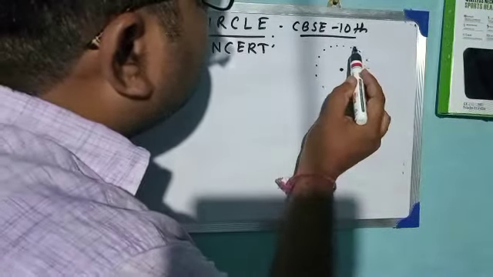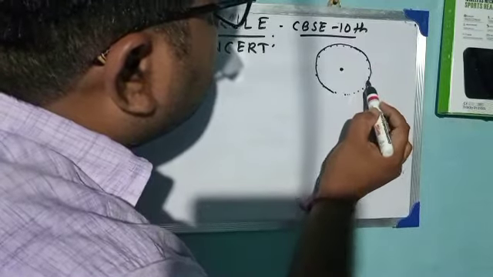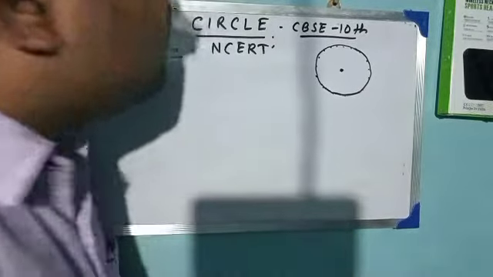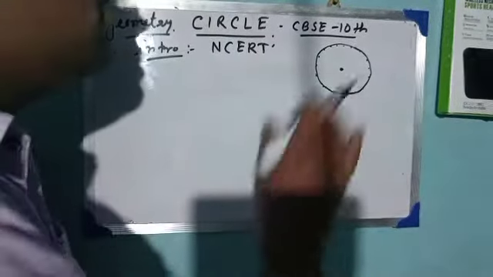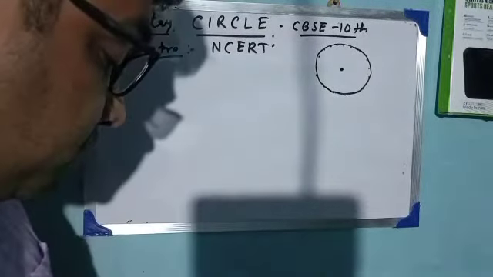If I join it, we'll get a circle. So this is a circle. This idea we have from class 9.